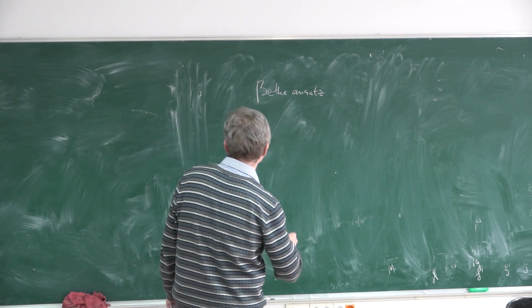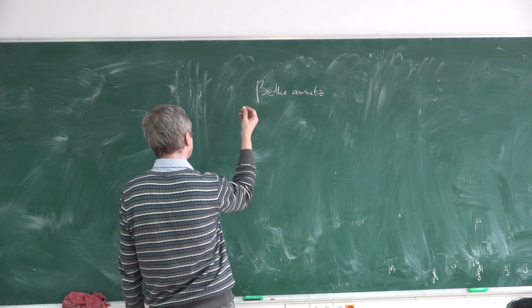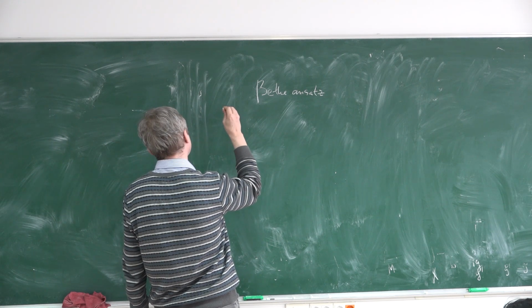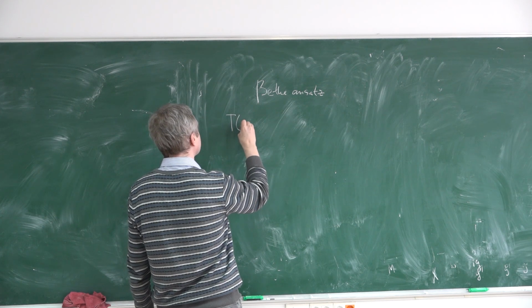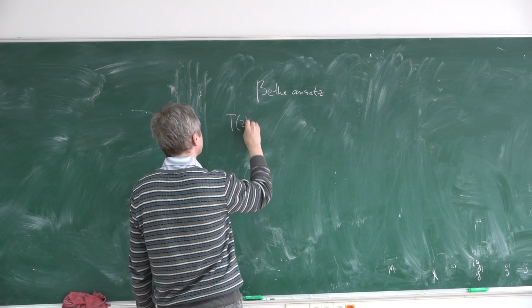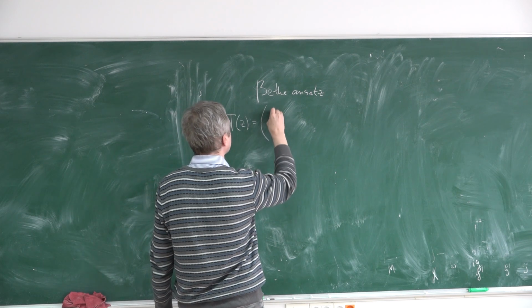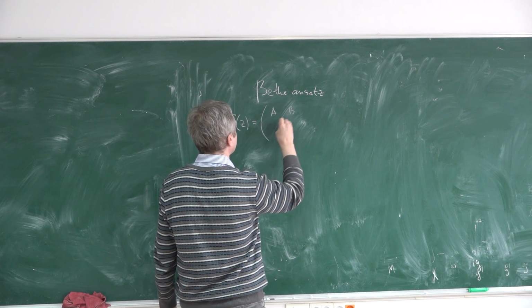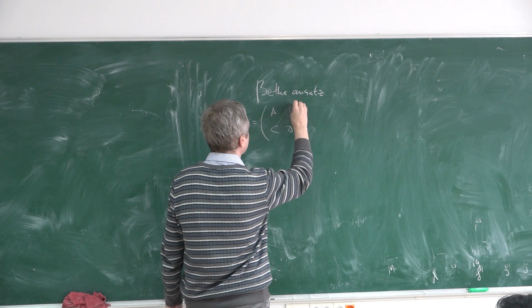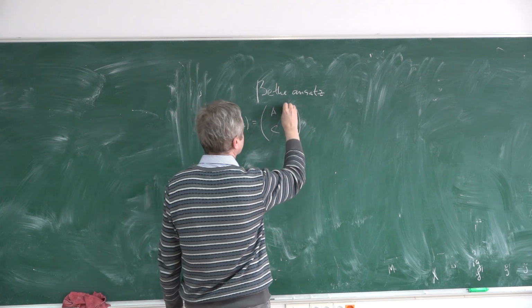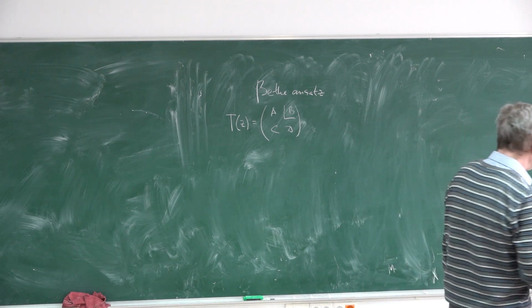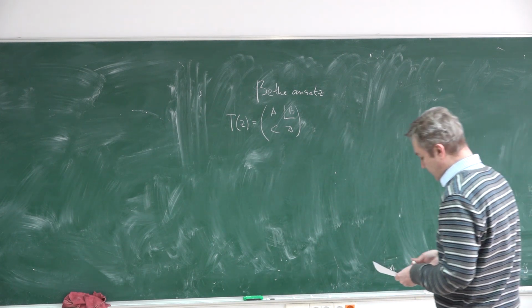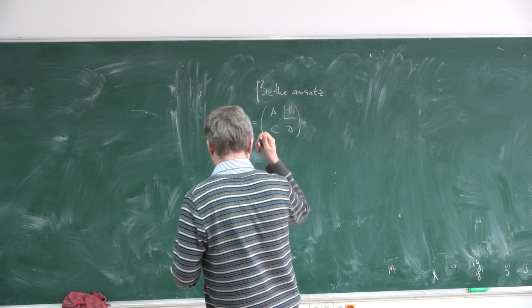And main idea was the following. We had our transfer matrix, which we denote like T, and it was A, B, C, D. And this element B played a crucial role. We used it for construction of our solution.